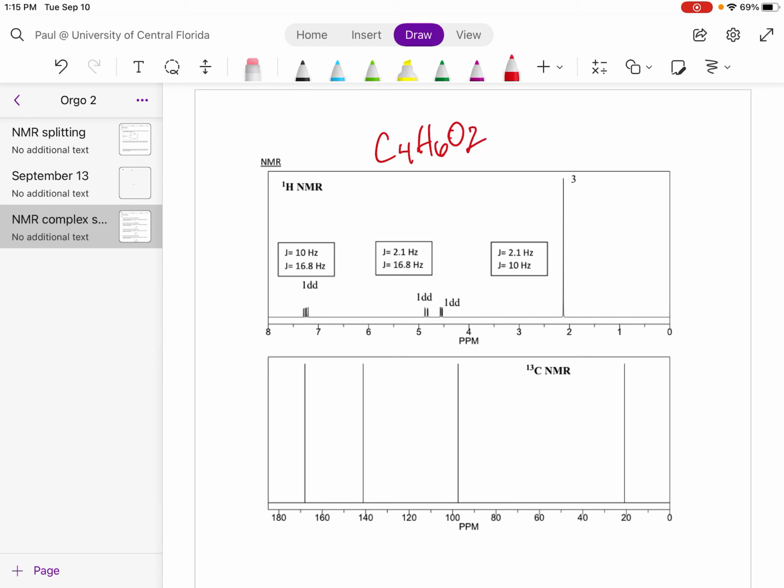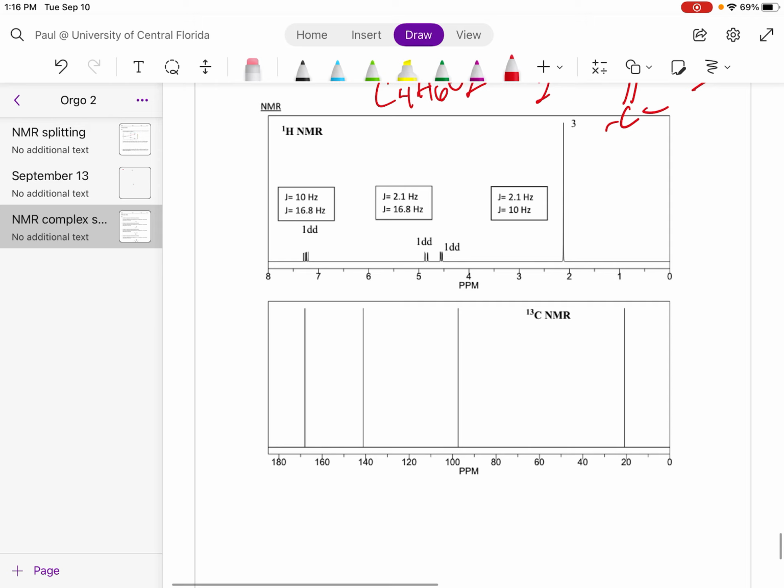C4H6O2, and I need 2 degrees of unsaturation. I'm very confident that I have a carbonyl, and I'm somewhat confident that I have an alkene based off of that data. Okay. Now how do we tackle this?